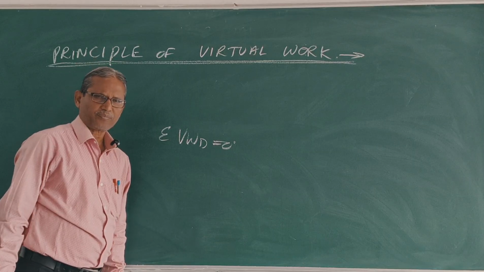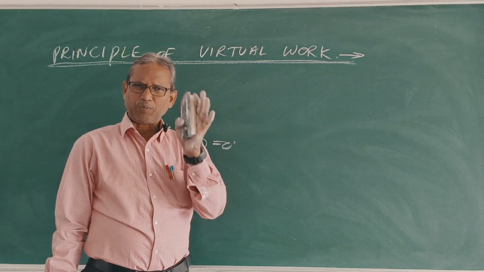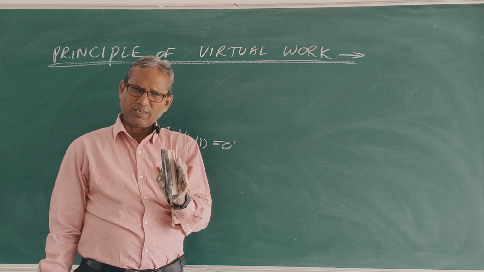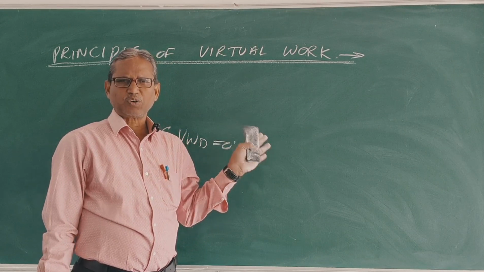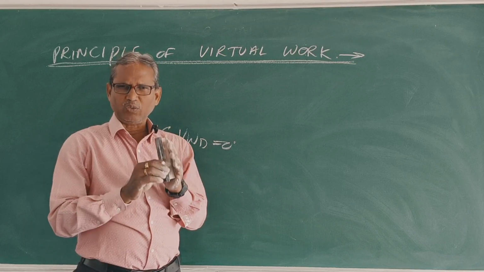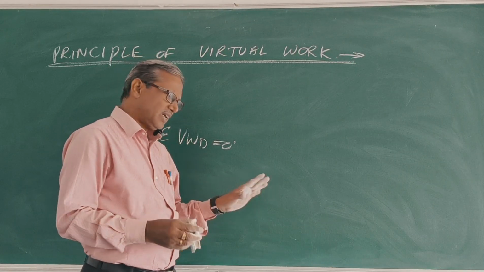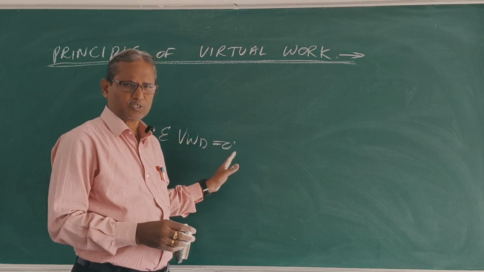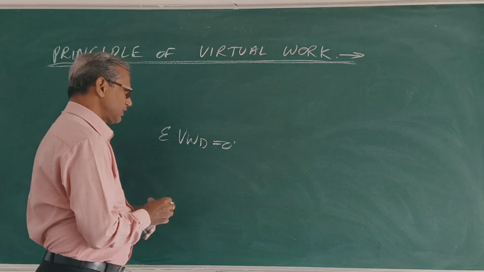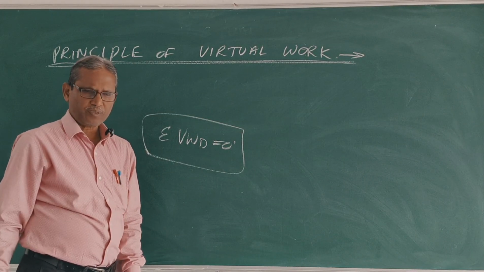Clear? If the body is in equilibrium under the action of a number of forces, imagine some displacement for each force, find the work done, that is force into imagined displacement, then sum over all the forces and equate to 0. That is sigma VW equals 0. This is the principle of virtual work.